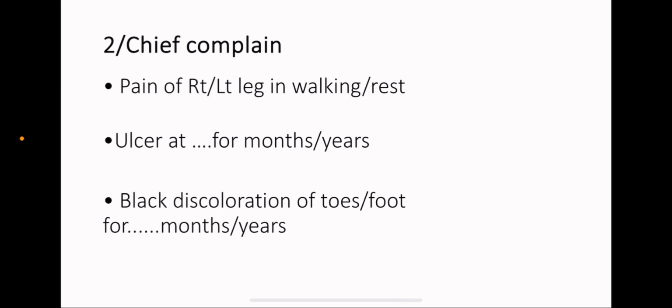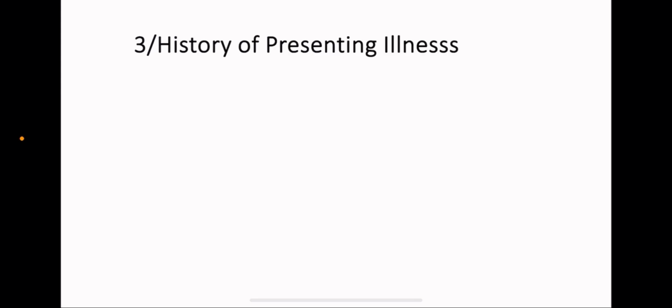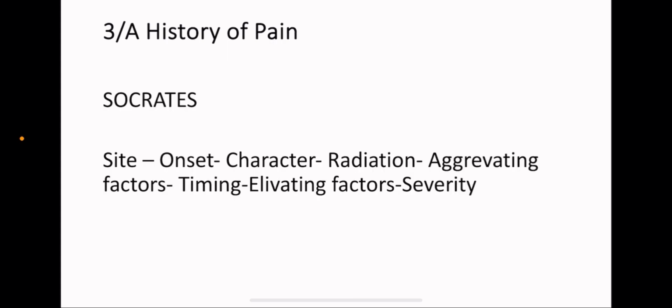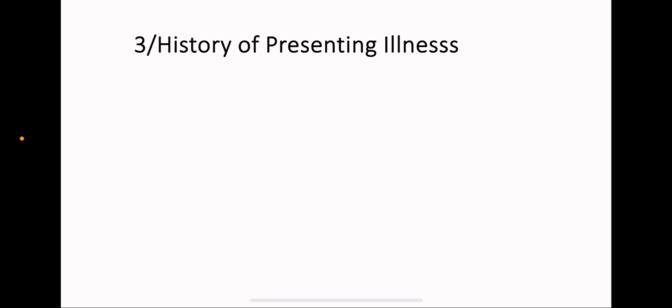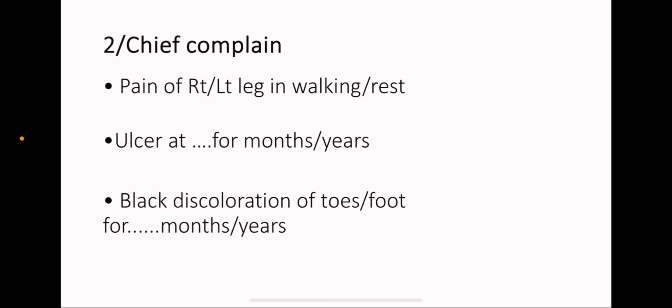Pain in the legs: exclude spinal stenosis. The difference between spinal stenosis and a vascular problem: spinal stenosis will get better by changing position. The patient will tell you, when I lean forward, I feel better. With a vascular problem, usually the pain will occur after the patient walks for a while, and then the pain will disappear when the patient rests.